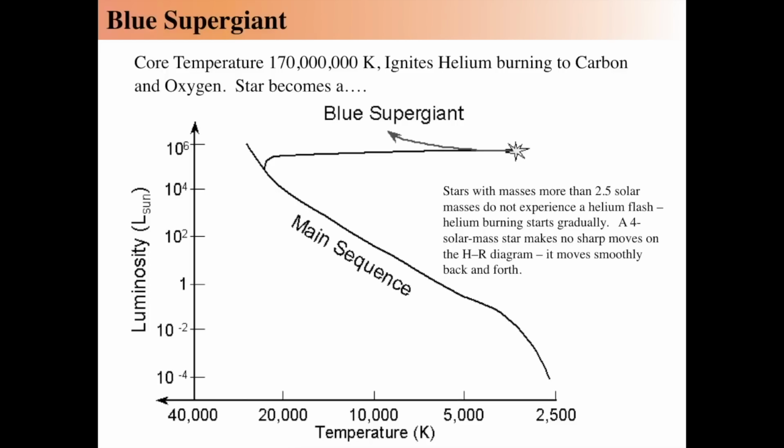In any event, it becomes a blue supergiant when the helium ignition starts, and then it smoothly moves back into this new framework. So that's producing more energy, which is producing a little bit more luminosity, but that allows the star to actually collapse back down.